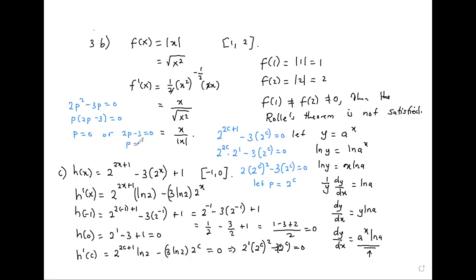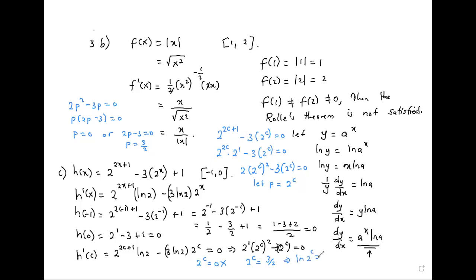So p is 3 over 2. Then you come back to what is p? P is 2 to the power c. If it is 0, this is not possible. But 2 to the power c is 3/2, this is very possible.